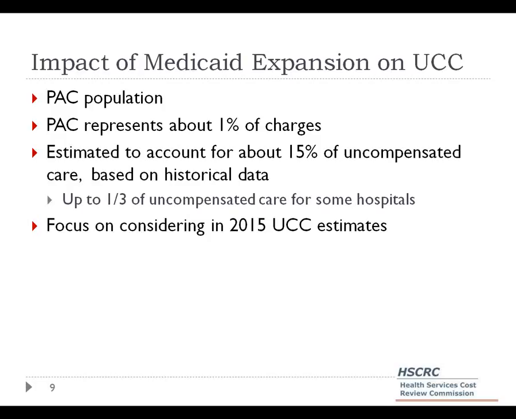The Medicaid population, to my understanding, doesn't have deductibles and co-payments. The PAC patients don't have deductibles and co-payments, so the focus may need to go on the people that are insured but still have a large cash balance to pay, and that may become a significant portion of the uncompensated care, as the true charity care, the undocumented, that will be true charity care.